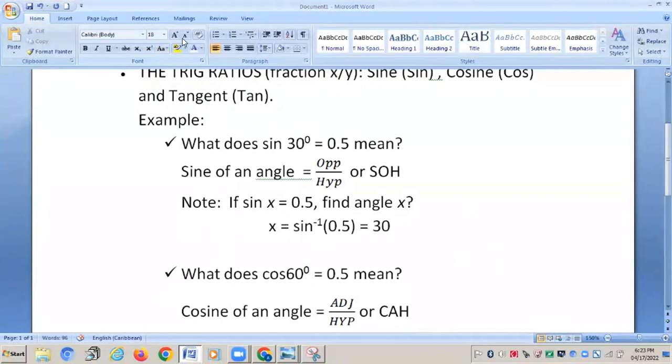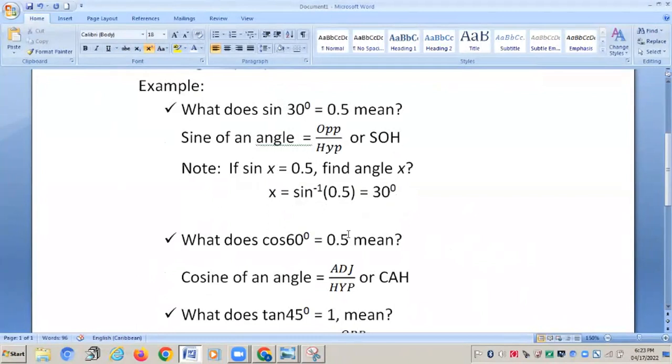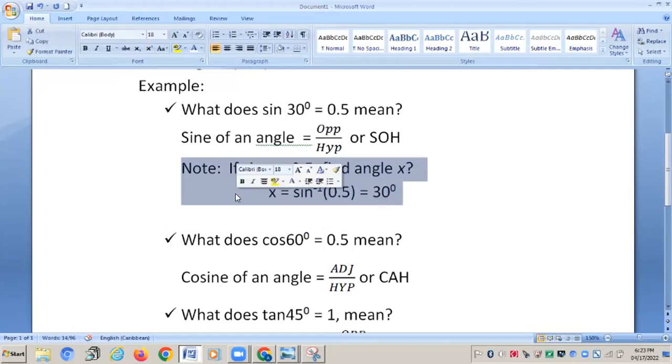This is how you write it in an exam or in your notes. But to do it on your calculator, you know what to do. And the same thing for the one with cos 60. You can try the one for cos 60 here.